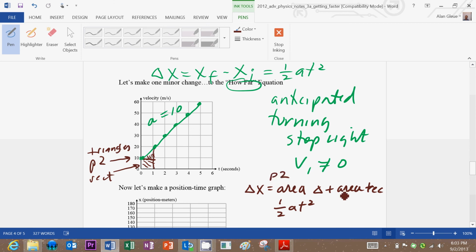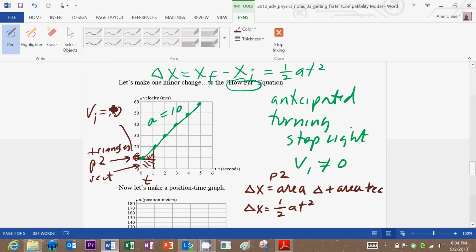But is there a symbolic form that we can have for this rectangle? Well, the area of the rectangle is the base times the height. The base represents t, right? Well, look at the height. It's vi, right? It's 10. That's what my initial velocity was. This vi we said was 10.